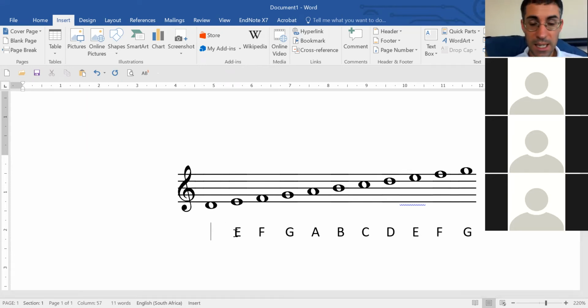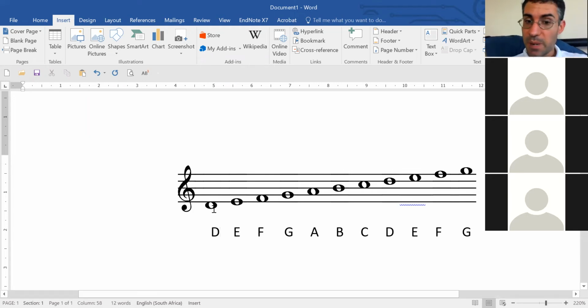It's D. Yeah, okay. So that's also a space because there's no line going through it. You see that this note here, it's got a line going through it. This one's got a line going through it. That one's got a line. But these ones over here, space, space, space, and this one is also a space, even though it's underneath the stave. You with me? Oh, yes.